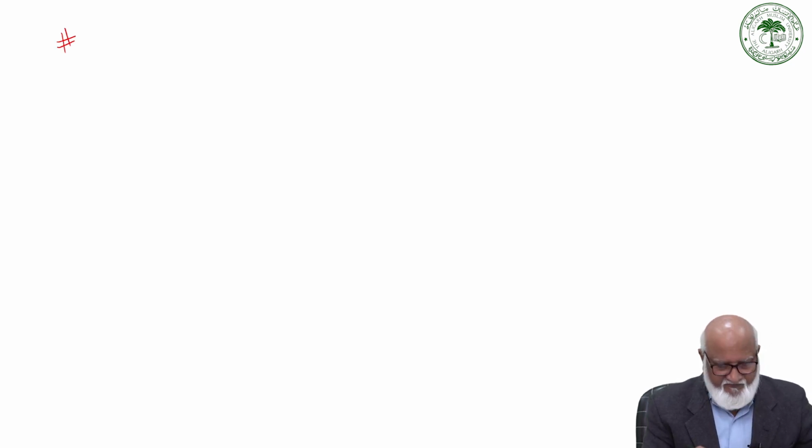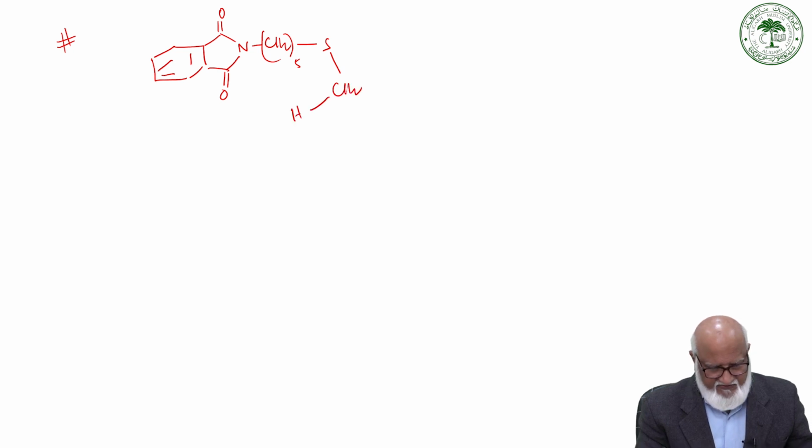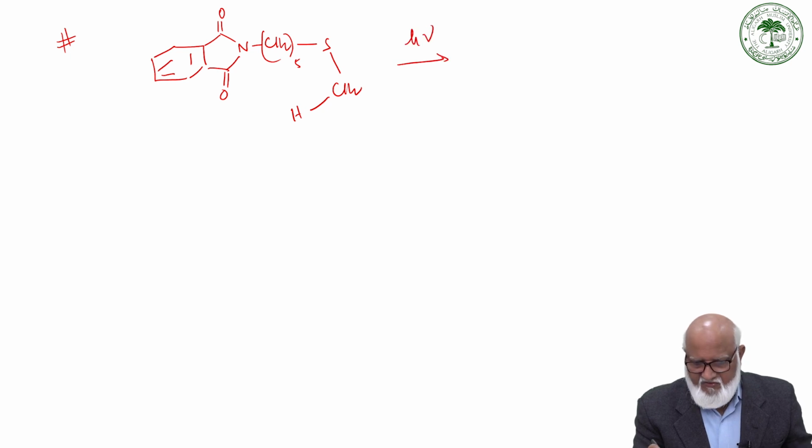Another example of intramolecular hydrogen abstraction, by taking a phthalide, C double bond O, CH2, CH2 5 times, S, CH2. You can see under photolytic condition, under h nu, the carbonyl goes to an excited state.